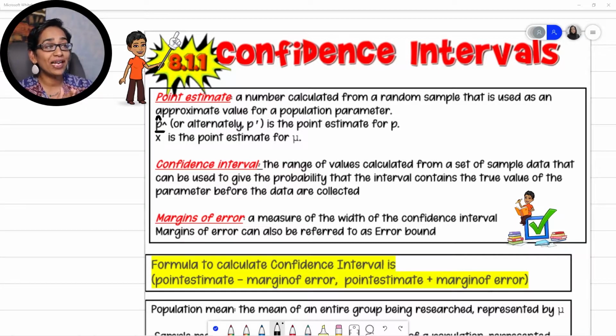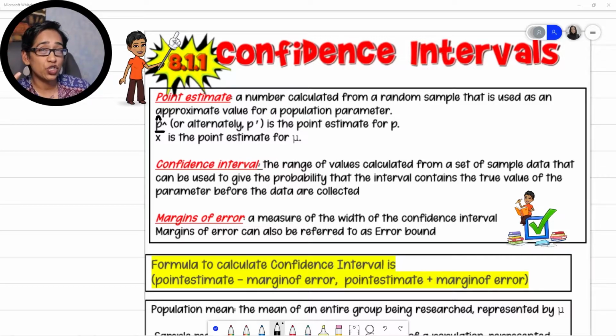The range of values calculated from the set of data that can be used to give the probability that the interval contains the true value of the population. That is called your confidence interval. So you're telling me that I am 90% sure that the real population value or parameter is in this range.